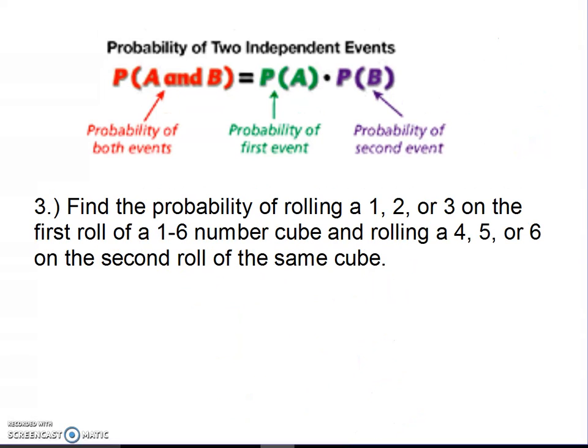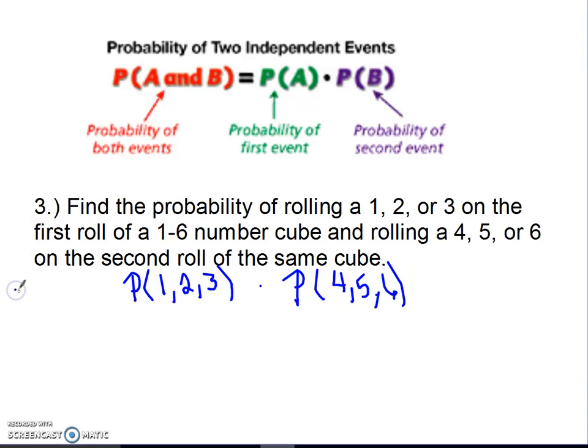Alright, let's take a look at number 3. Find the probability of rolling a 1, 2, or 3 on the first roll of a number cube labeled 1 through 6 and rolling a 4, 5, or 6 on the second roll of the same cube. So we have the probability of 1, 2, 3 times the probability of 4, 5, 6. If we look at a number cube, the options are 1, 2, 3, 4, 5, and 6.